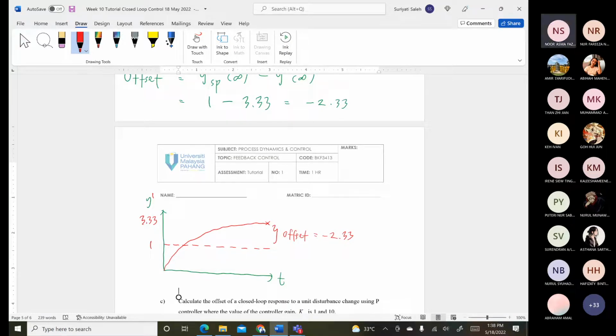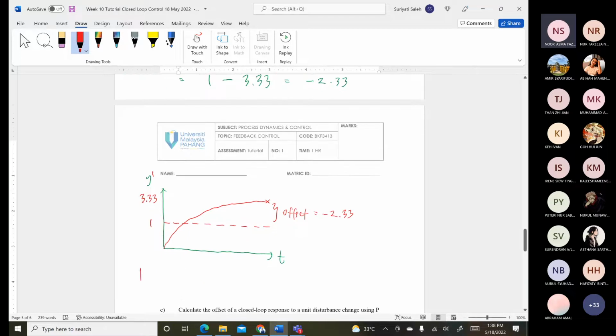So this indicates that when Kc equal to 1, your process response is exceeding the set point value. So that means it is not good.